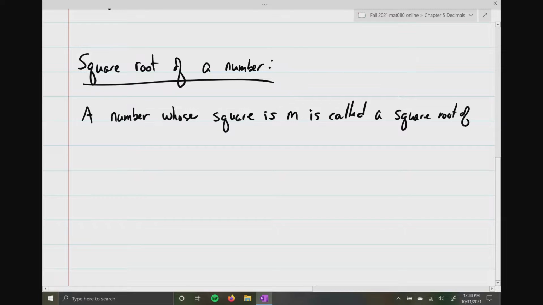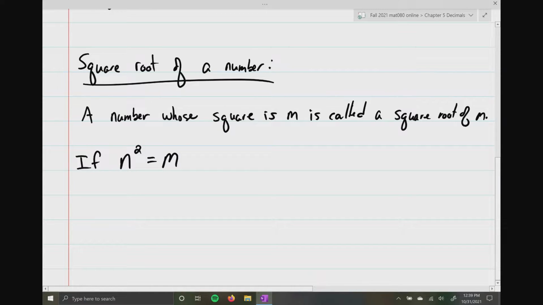Sorry, wrong letter. Now, I think this sentence right here is a little confusing for those of us that are learning this, so I'm going to clarify it by writing this. Let me change these letters because your book uses them backwards. That's fine.